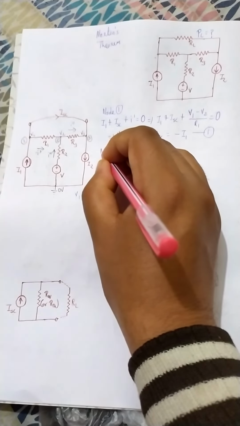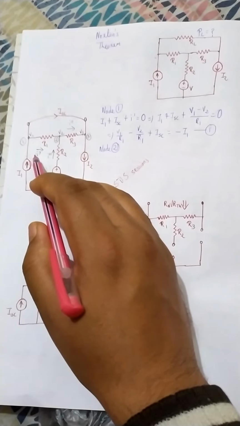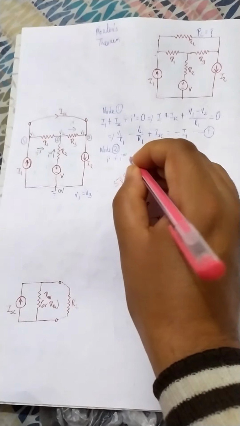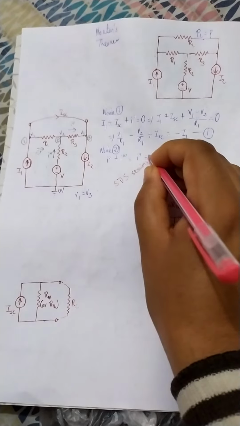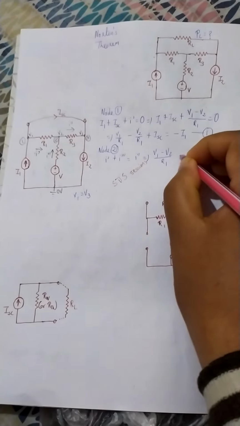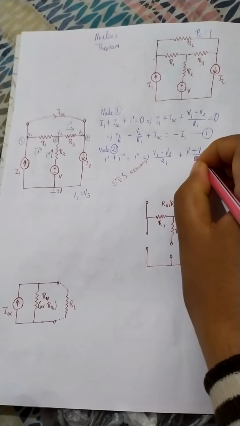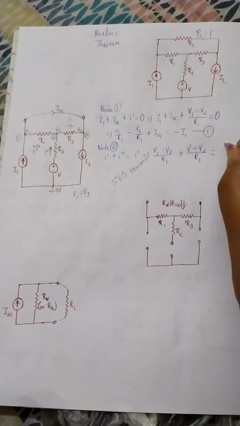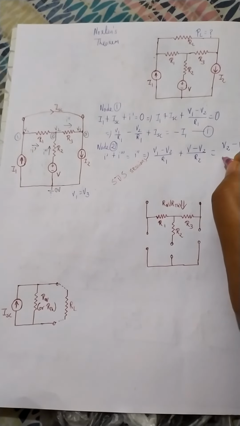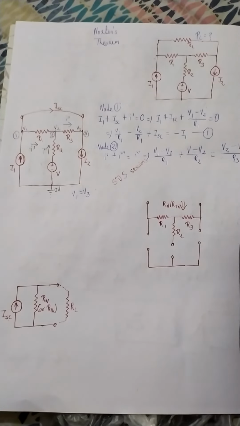Now we apply KCL at node 2. We can write I dash plus I triple dash equal to I double dash. Correspondingly, we have the relationship (V1 minus V2) by R1 plus (V1 minus V2) by R2 equal to (V2 minus V3), that is V1, by R3.